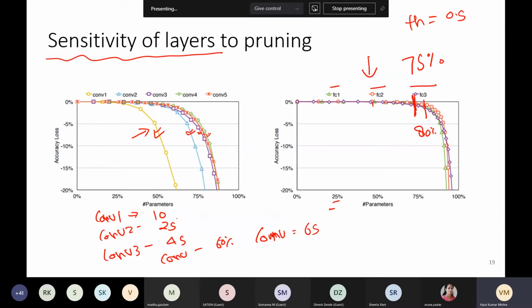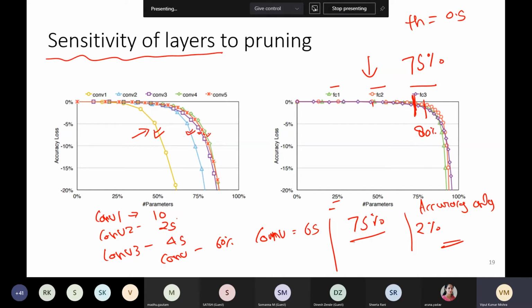Now once you remove all those parameters and check the accuracy drop, maybe you are dropping 2% of accuracy. So once you have removed close to 75% of the parameters from the model and your accuracy drop is only 2%, you will say yes, it's really beneficial.